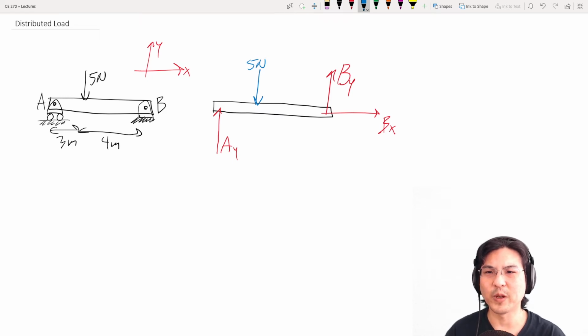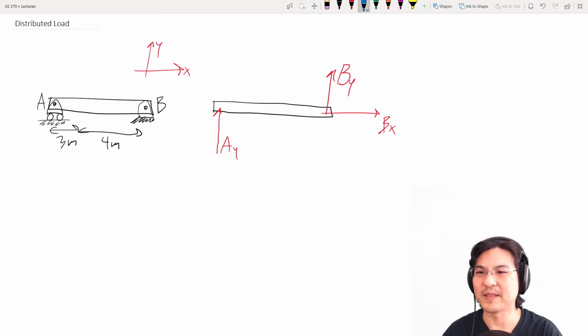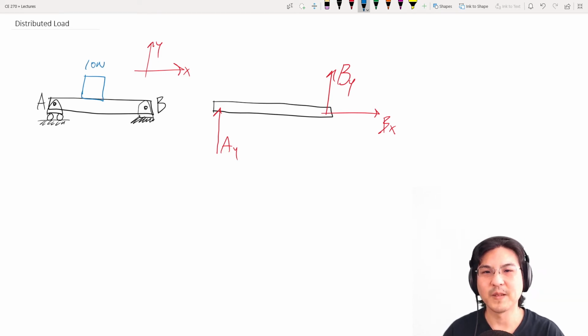So what happens if instead of a discrete load, I put a block that's this big, like a 10 Newton block? You can model it like this, but really the force is distributed over this area.